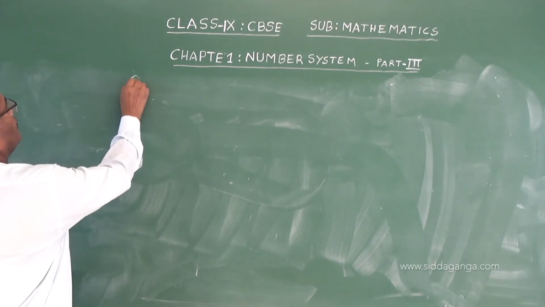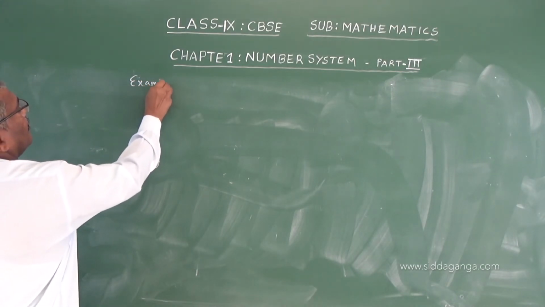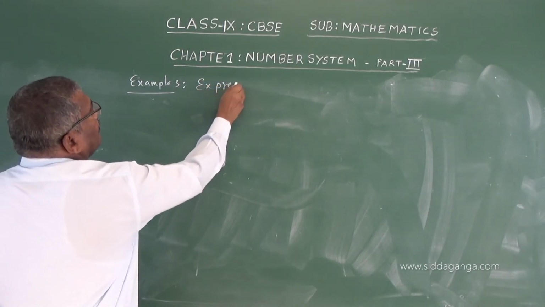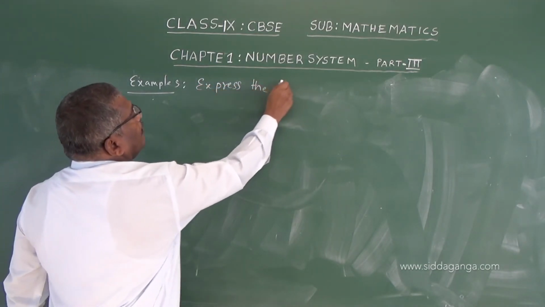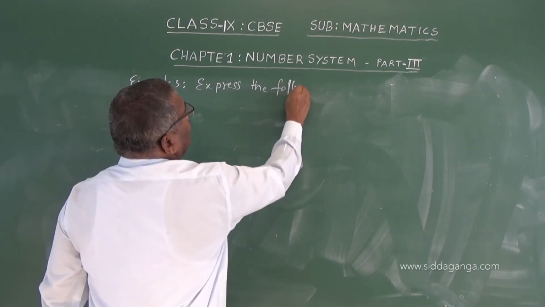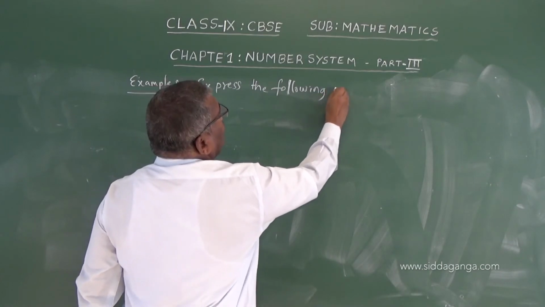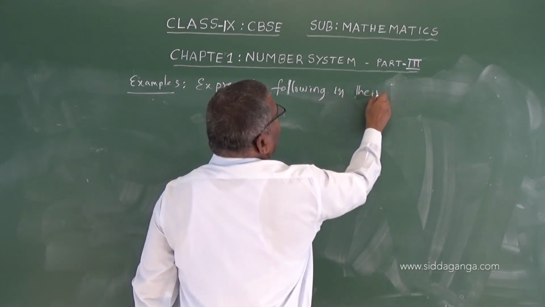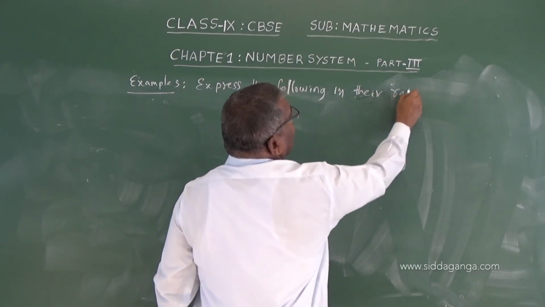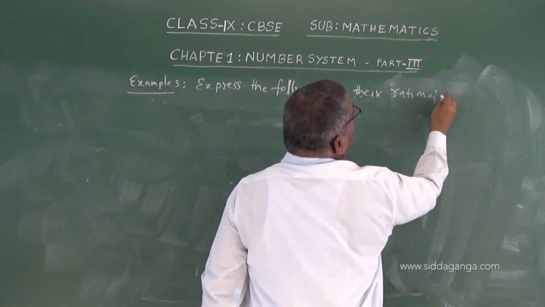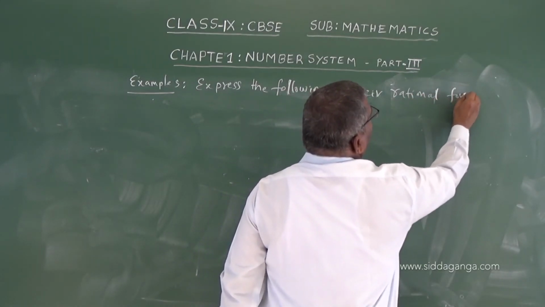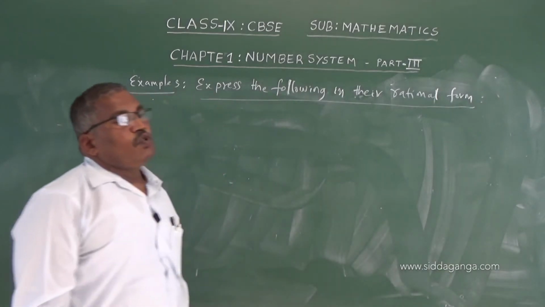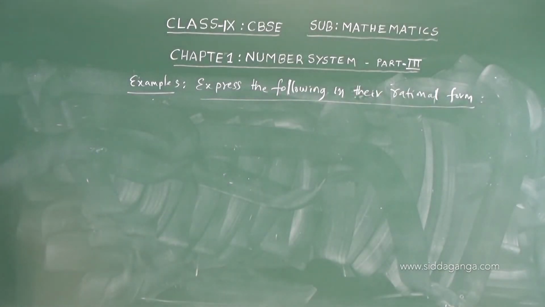Express the following in their rational form. See, the numbers are given in the decimal form. We are supposed to express them in the rational form.